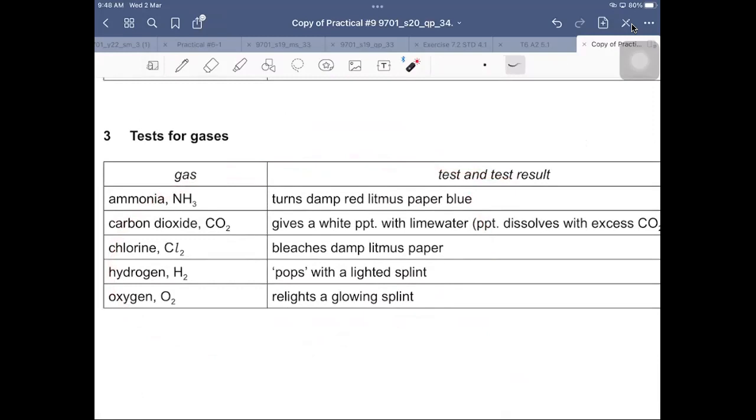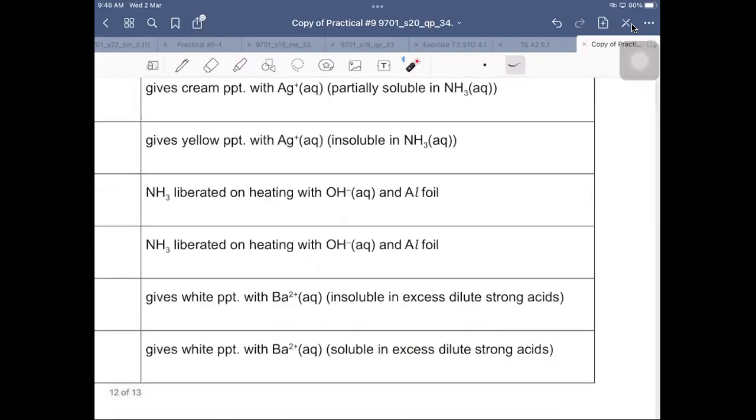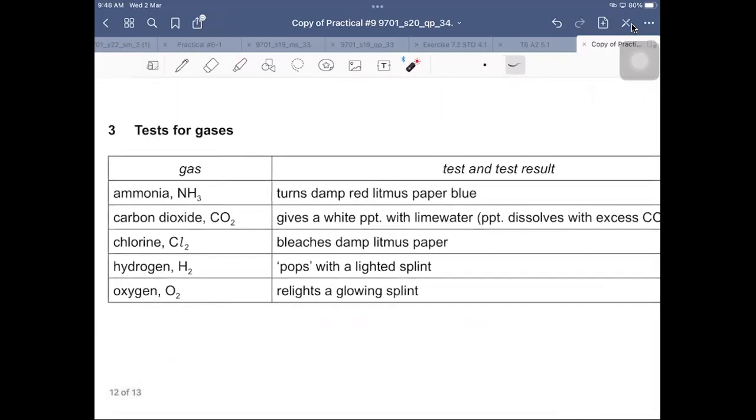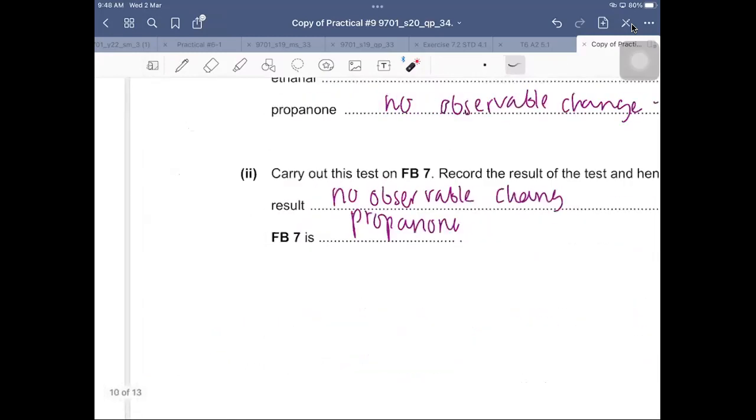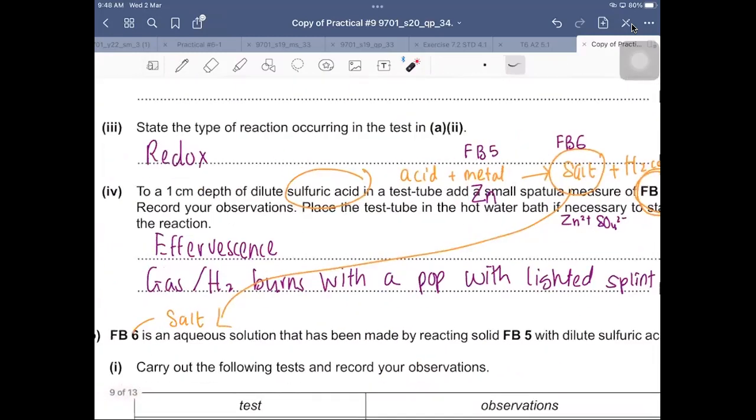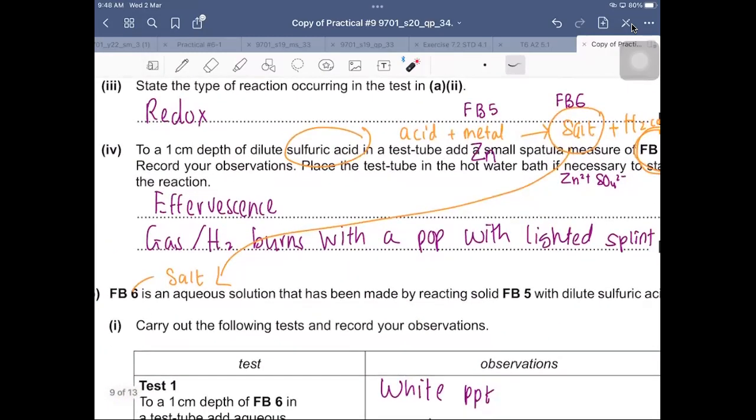You have to think about that reaction, because if you do all this, it will be time consuming. It is not worth it to go through all the tests for the gas just to get 1 mark.